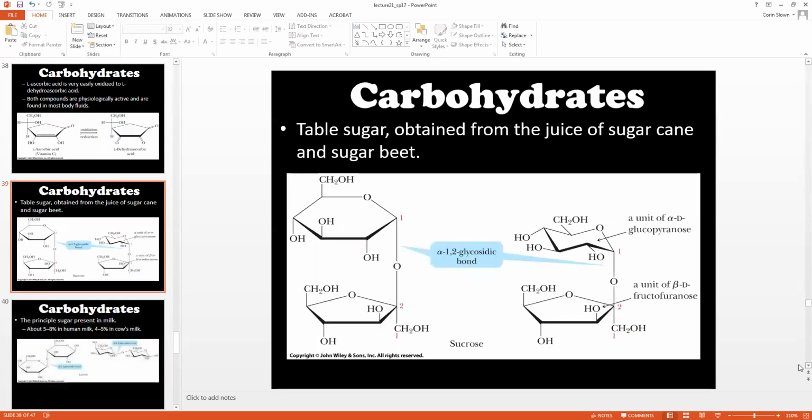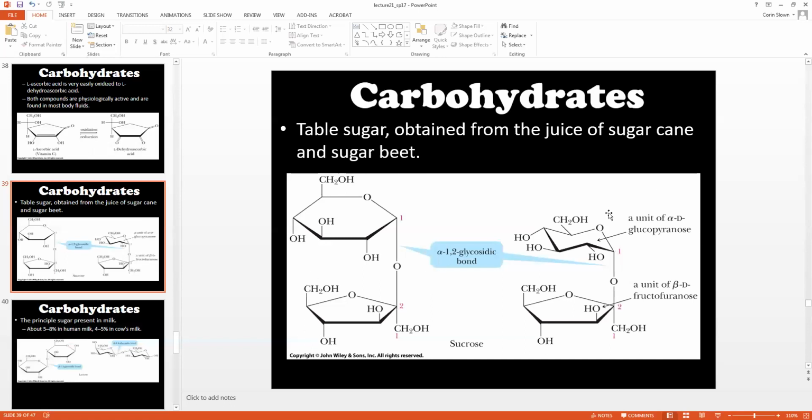Table sugar, which is obtained from the juice of sugarcane and sugar beet, is an example of a disaccharide. Notice there's a glycosidic bond between the 1 carbon, or the anomeric carbon, of this sugar and the 2 carbon of the sugar.